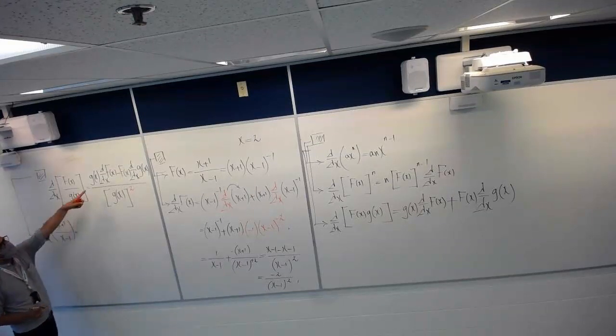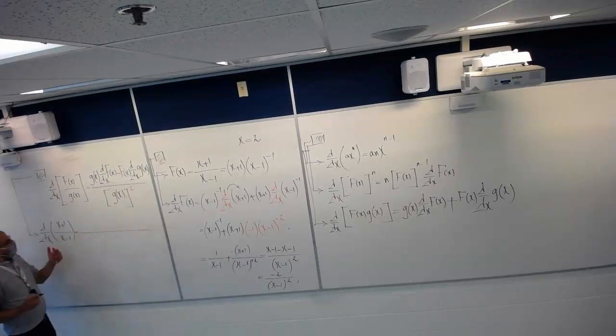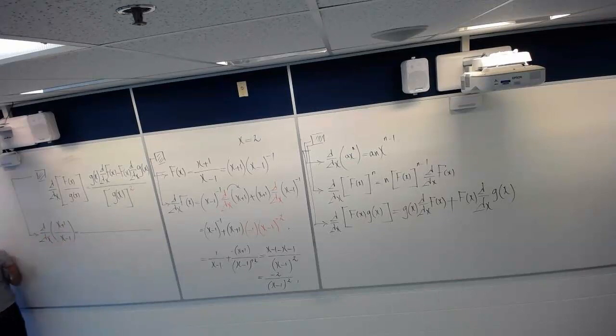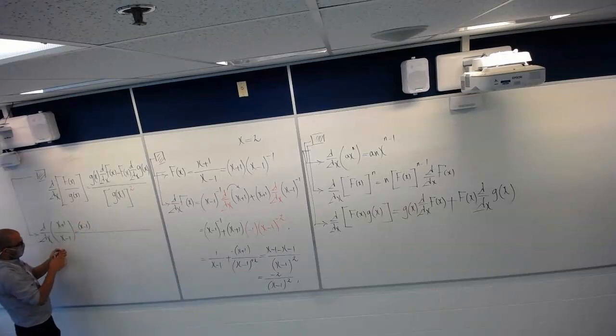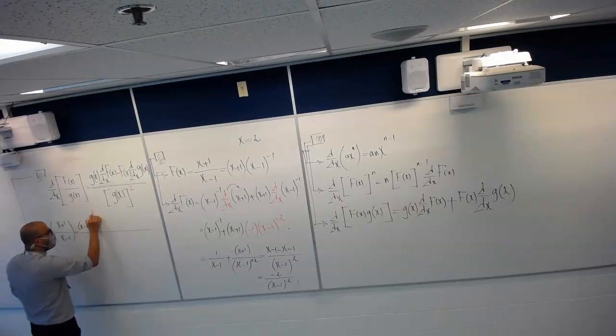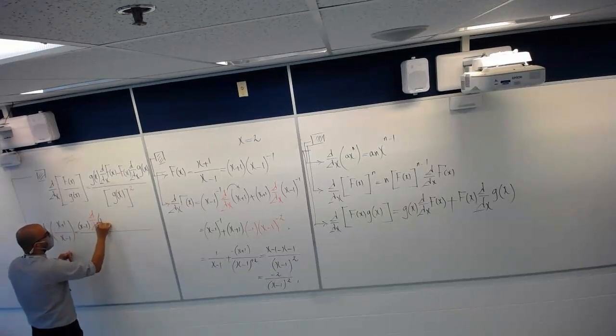Okay, now I'm just going to follow this method. f of x, g of x. I say the derivative of f times g. My g is x minus 1 times d over dx of x plus 1.